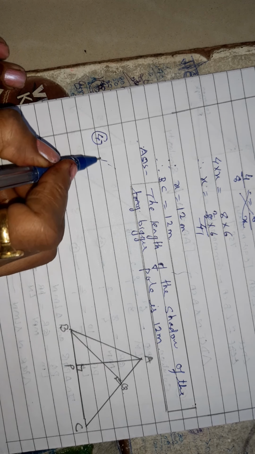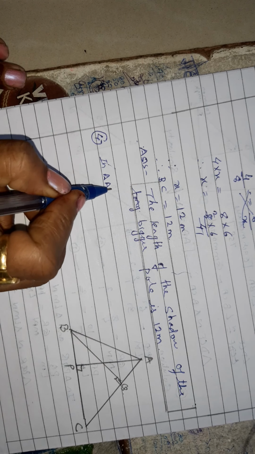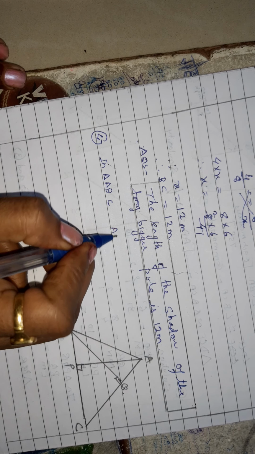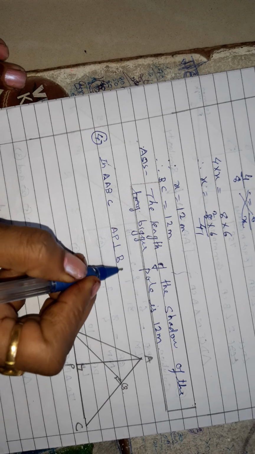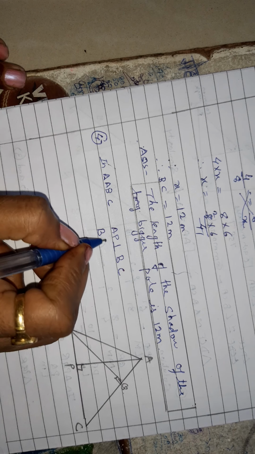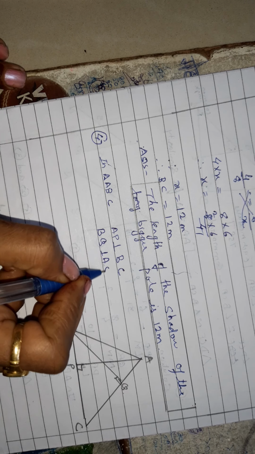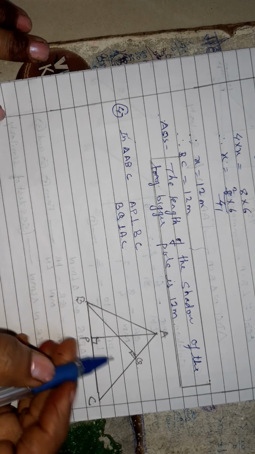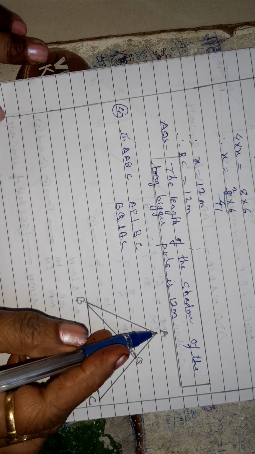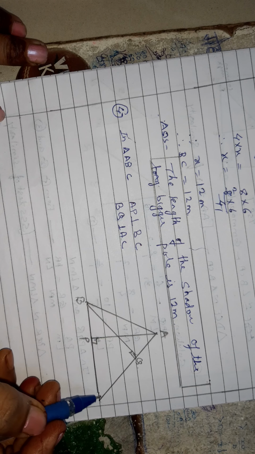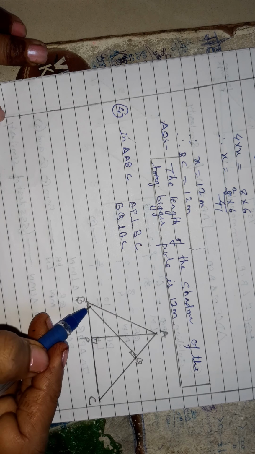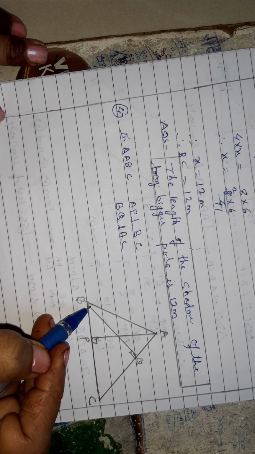Now let us see what is given here. In triangle ABC, AP is perpendicular to BC and BQ is perpendicular to AC. We have to prove triangle CPA is similar to triangle CQB. Now measurements are given.